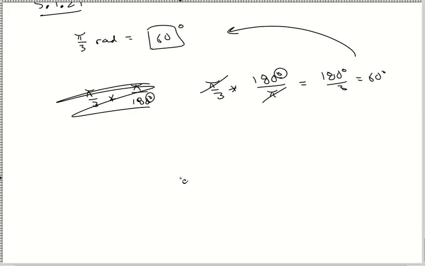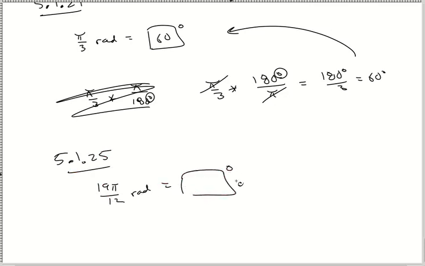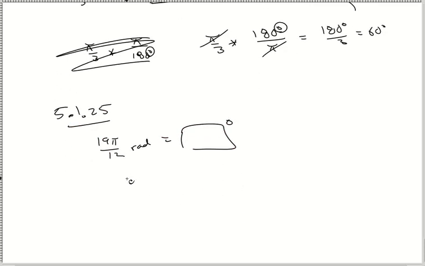Okay. I put little notes in my notes about that sort of stuff. That's why I'm trying to remind you about that. 19 pi over 12, and that's a radians. Convert this into degrees. Okay. So I'm going to multiply it, of course. Always will. I'm going to do 180 over pi so that I can cancel my pi's out.